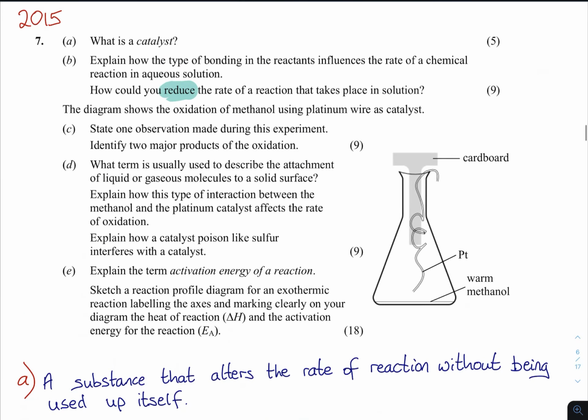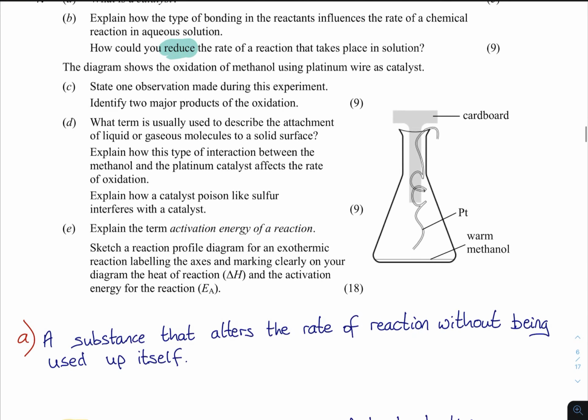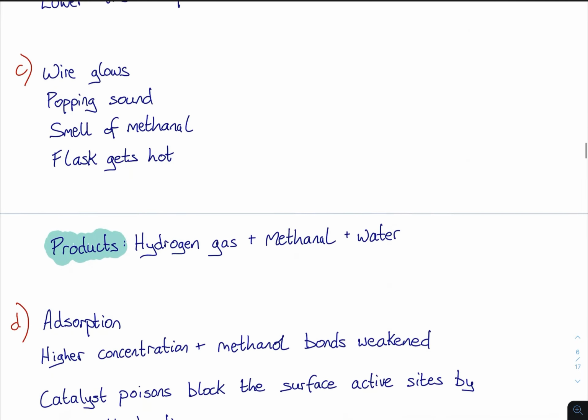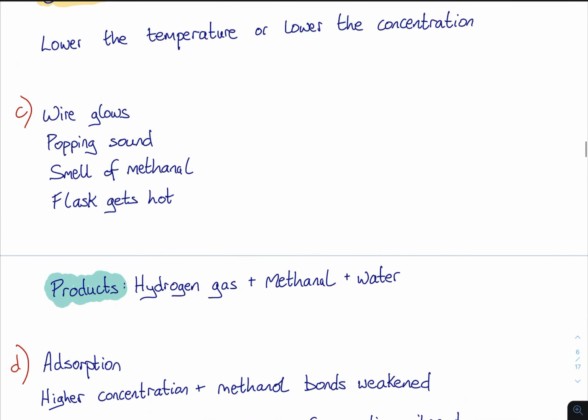The next question is probably the trickiest out of all the questions that have been asked for this experiment throughout the years. Explain how this type of interaction between methanol and the platinum catalyst affects the rate of oxidation. So what you had to say for that, and I wasn't sure at the time myself, being honest with you, but you had to say there that the methanol adsorbs onto the catalyst.